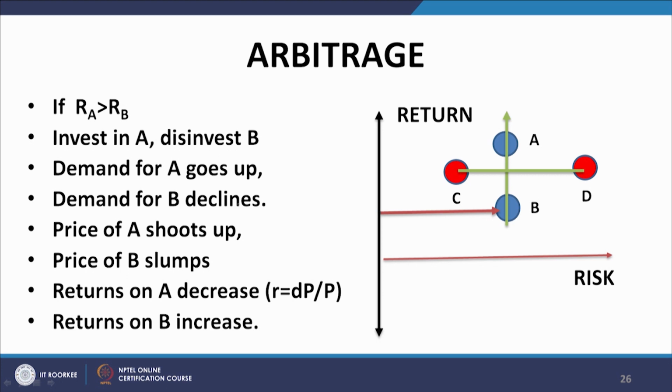Now, if the market is to be in equilibrium, what will happen? Because A is giving you a high return for the same level of risk as B, the demand for A will increase and the demand for B will decline.